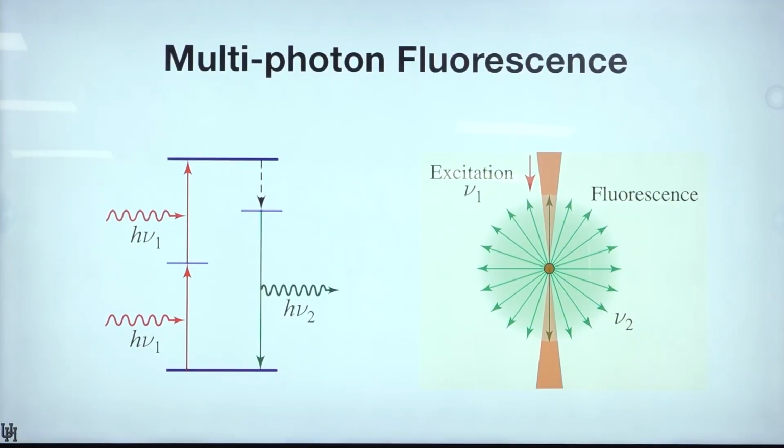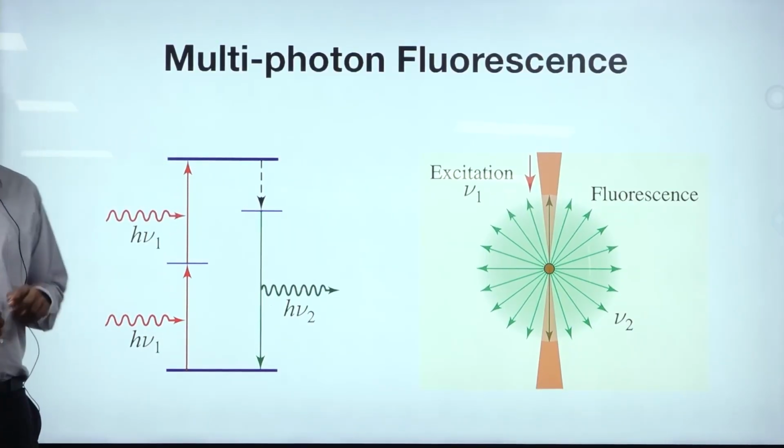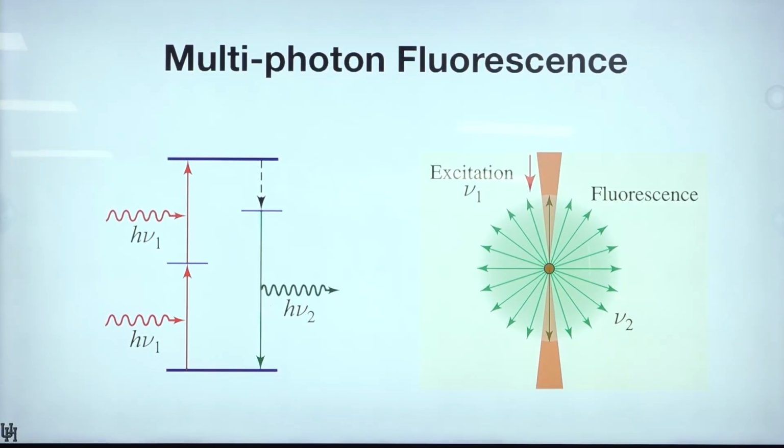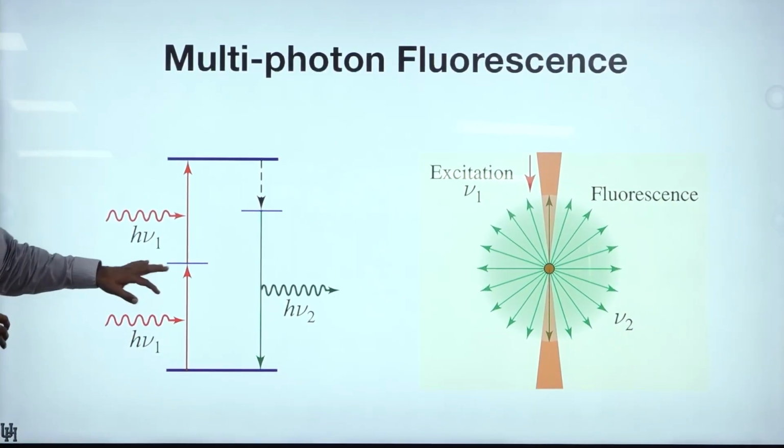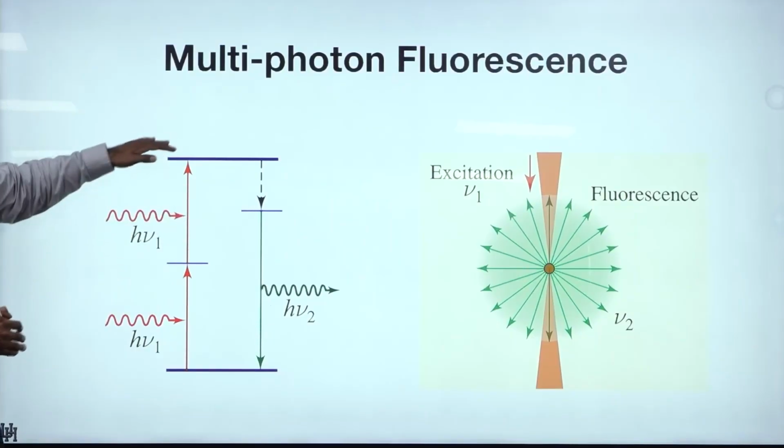Instead of one photon getting absorbed, if two photons get absorbed, that is called two photon fluorescence. In this case, you could have, say, red light incident, red and another red.